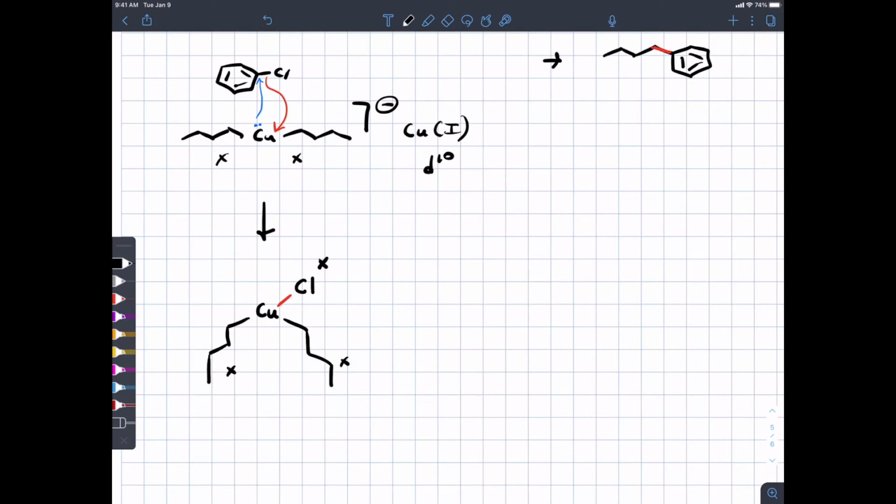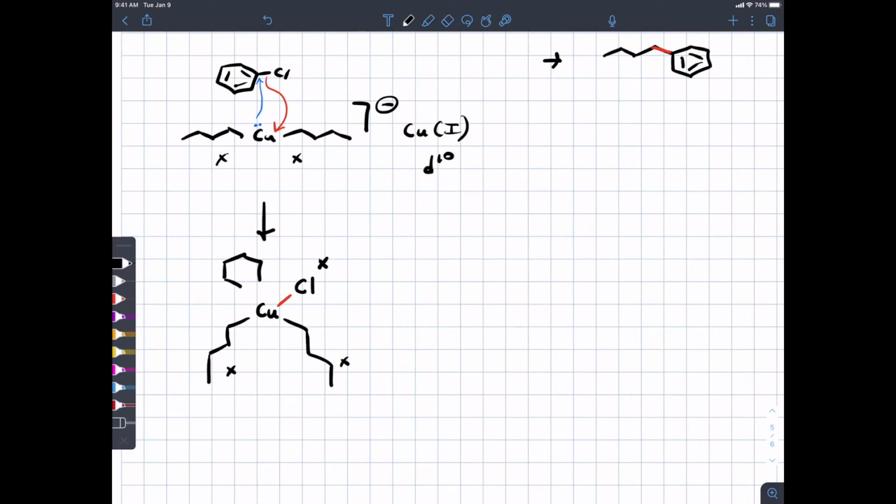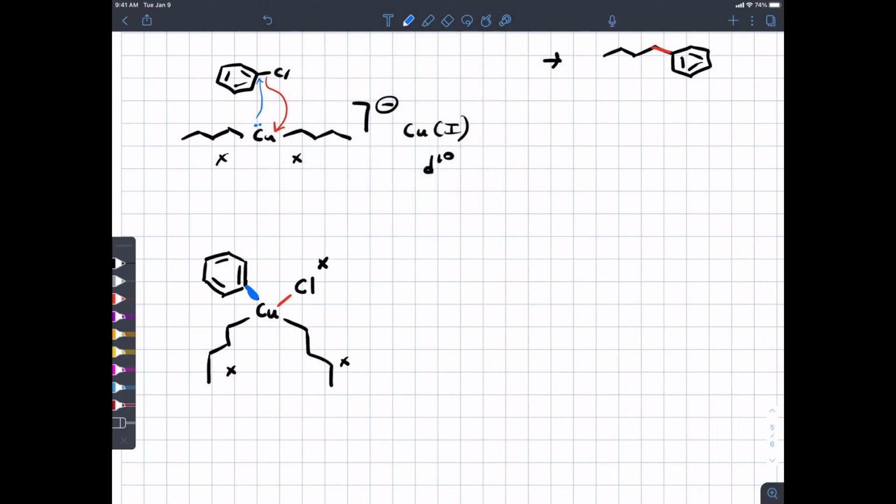And the electrons in the bond between the phenyl group and the copper, which came from the copper, actually now belong to the carbon. So it's like copper has been oxidized and carbon has been reduced. Carbon has stolen 2 electrons from copper.